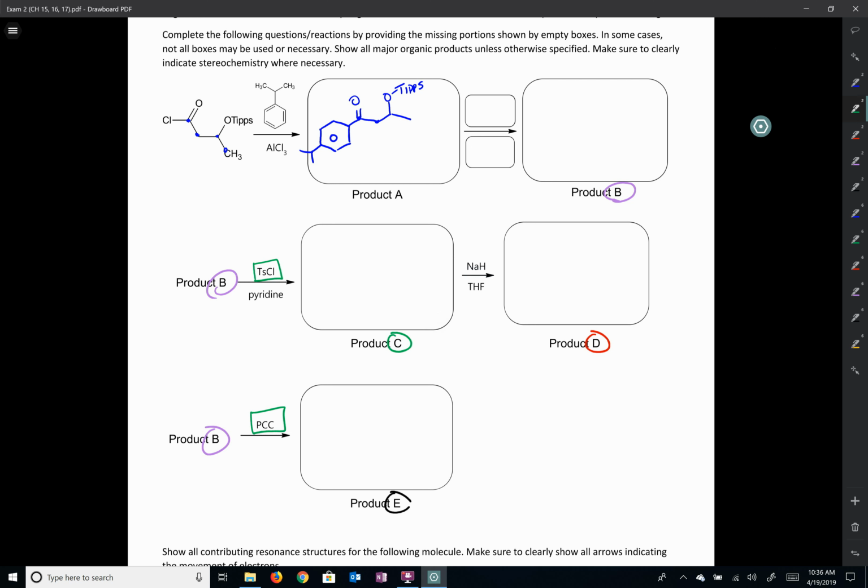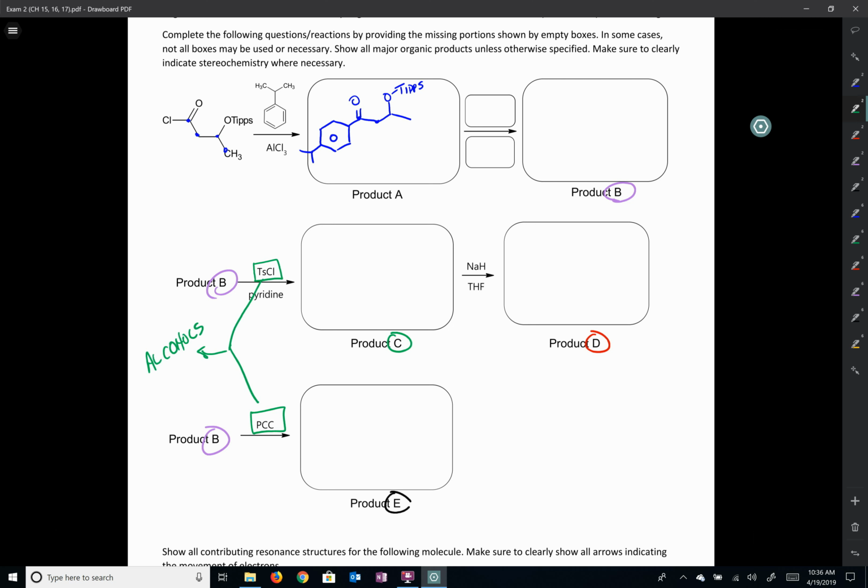Immediately after we make product B, we can treat it with tosyl chloride and pyridine, or PCC. Now, both of these react with alcohols. Tosyl chloride and pyridine turns an alcohol into a tosylate group, and PCC oxidizes an alcohol. So we know we have to have an alcohol for a reaction to happen.